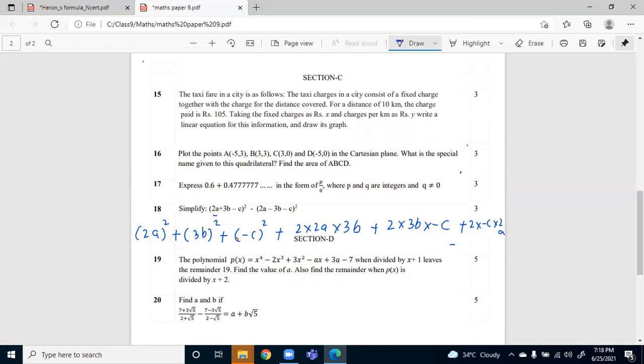I have not used the minus right now, I have to use it also. So first let's do the expansion. So it is 4a square plus 9b square plus c square. Okay, and this is 2 into 3 into 2, that is 12ab. This is minus 6bc and this is minus 4ac. So I have written everything.